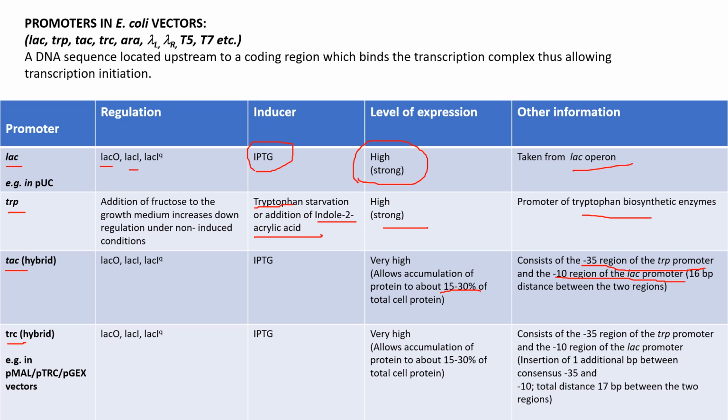TRC has one additional nucleotide pair between the minus 35 and minus 10 consensus sequences. So the TRC promoter has a distance of 17 base pairs between the two consensus regions, and it is used in the PMAL vector, PTRC, and PJAX vectors. The regulation is similar to that of LAC, that is, they are induced by IPTG.